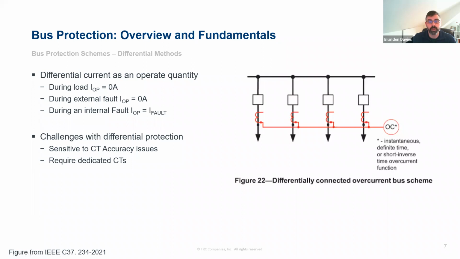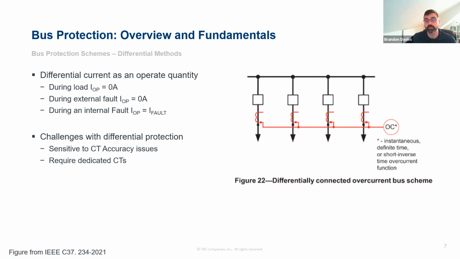And the CTs are designed to operate for a certain magnitude of current and a certain amount of load or burden connected to the CTs. And if they go outside of that range, they'll start to perform less accurately.